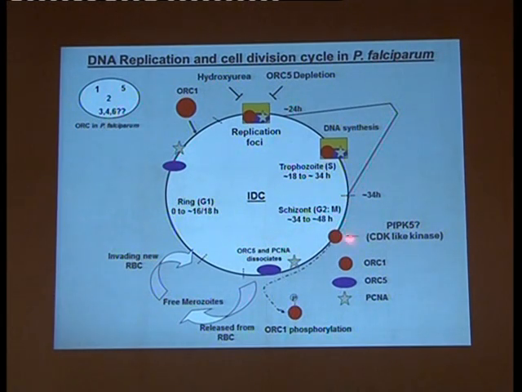But at that time, there is a signal, and this is a kinase, which possibly phosphorylates ORC1, and this ORC1 gets degraded. When ORC1 gets degraded, these proteins separate from each other, and DNA replication stalls. This is what we have shown in the lab with many studies, and we believe that ORC1 is the protein which turns on replication as well as turns off replication.